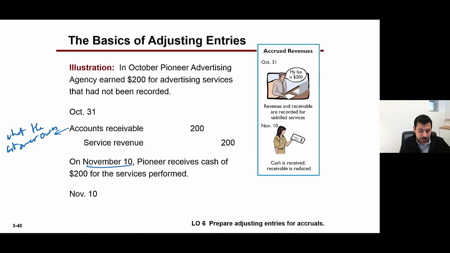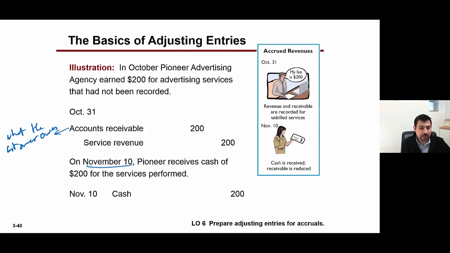Now, when the customer pays the cash, Pioneer receives cash that the customer owes them. It's not like they have performed new services, so it's not like they earned new revenue. This is why cash is debited $200.